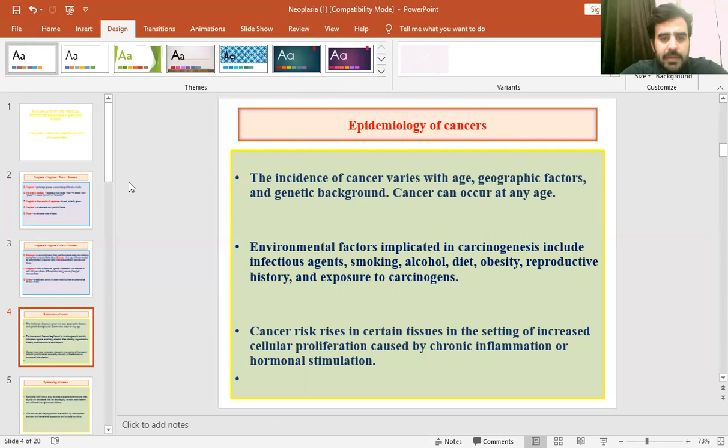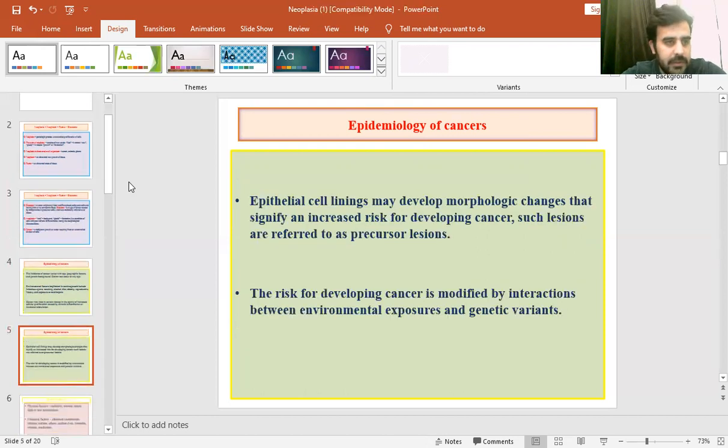Environmental factors implicated in carcinogenesis include infectious agents, smoking, alcohol, diet, obesity, reproductive history, and exposure to carcinogens, which include physical carcinogens, biological carcinogens, and chemical carcinogens. The cancer risk rises in certain tissues in the setting of increased cellular proliferation. It is caused by chronic inflammation or hormonal stimulation.